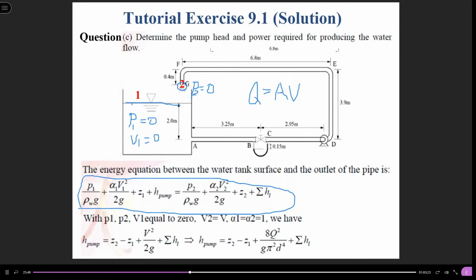Because the flow is turbulent, as we found in question B, right? So the kinetic energy coefficients alpha 1 and alpha 2 are equal to 1, right?